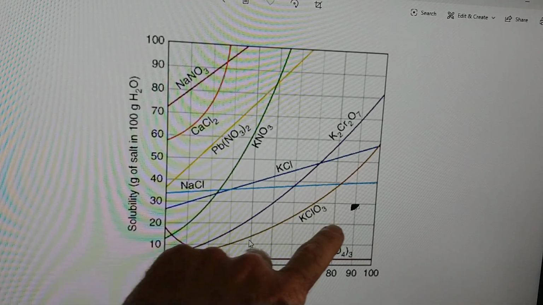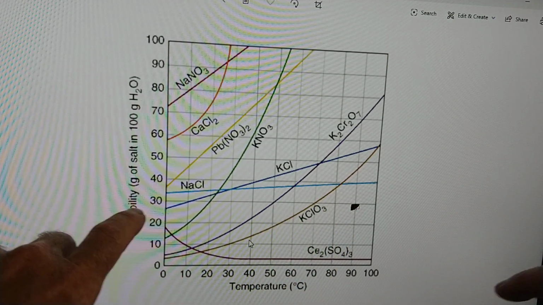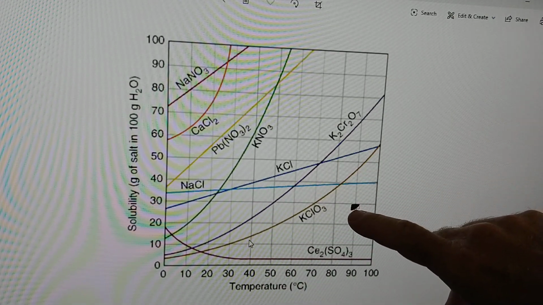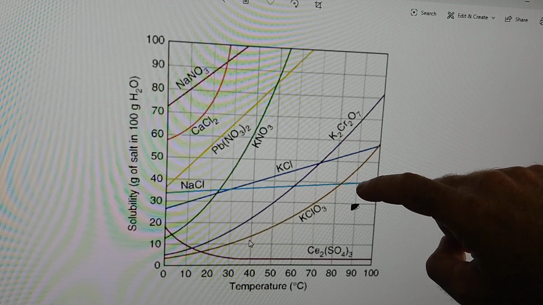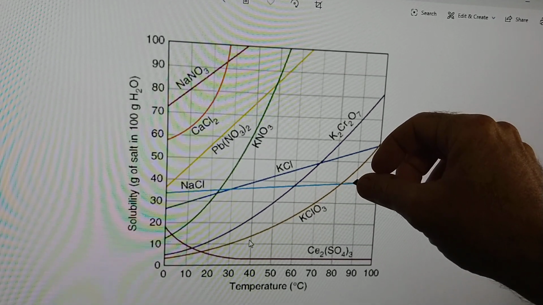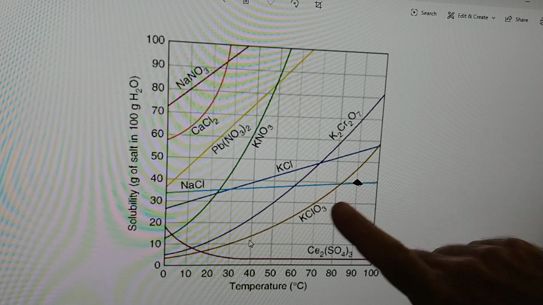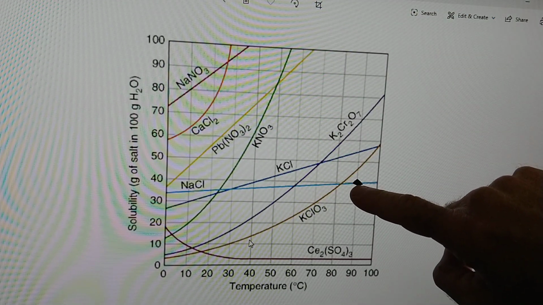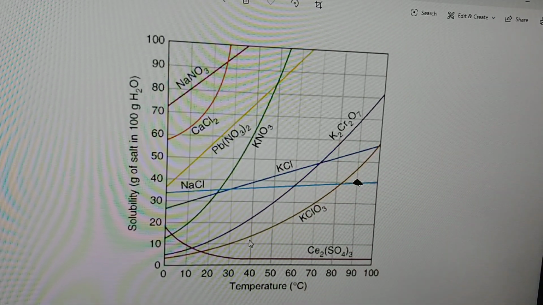I've put about 30, or let's say that's 29 grams of table salt at 90 degrees. We're below this line. So that water, you could put more salt in it. How much more salt? You could put 10 more grams of salt in it before you reach this point. When you're on the line, that is the saturation point of the solute. So if you had 100 grams of water at 90 degrees Celsius, you could put almost exactly 40 grams of sodium chloride in it, and it would be saturated.